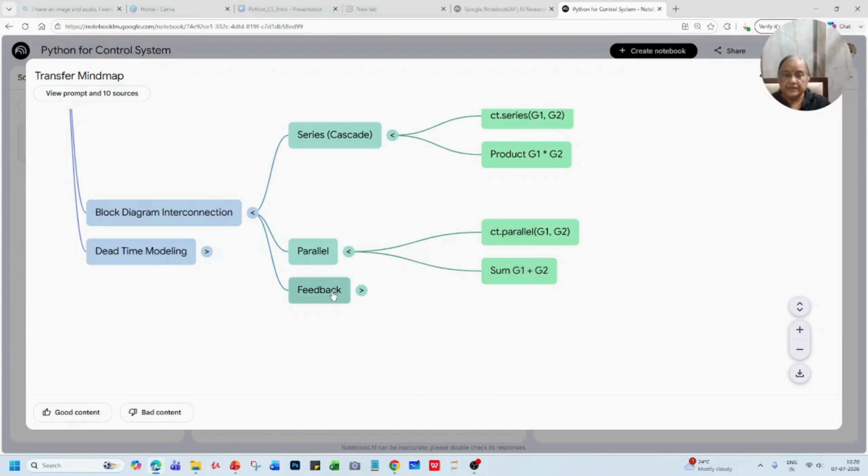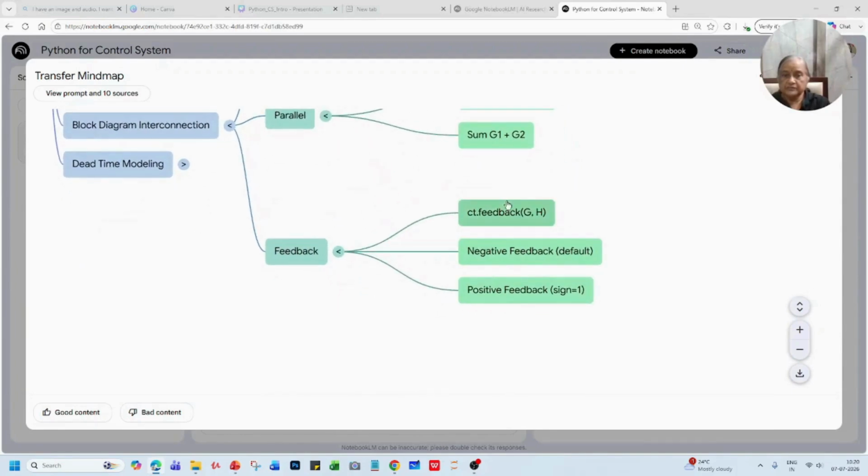Sometimes the blocks have to be connected in feedback fashion. That is achieved by ct.feedback, where the forward path transfer function and the feedback path transfer function are passed in this order. First the forward path and next the feedback path transfer function.